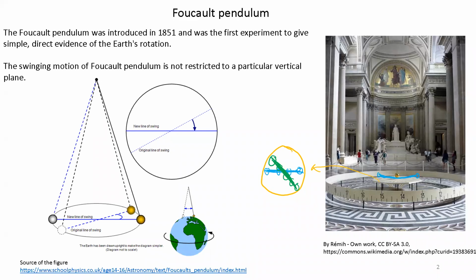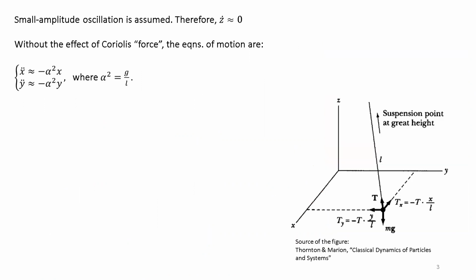Okay, so as I said, this is a pendulum problem. Let's look at how to formulate this pendulum problem. In the pendulum problem where the plane of oscillation is fixed, usually we just use theta as the coordinate.